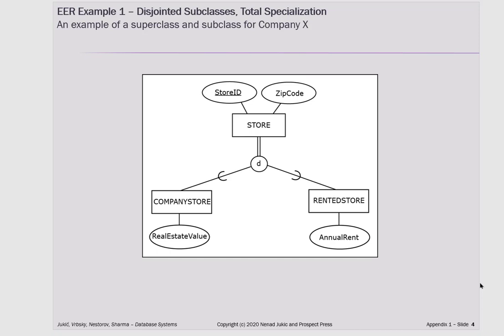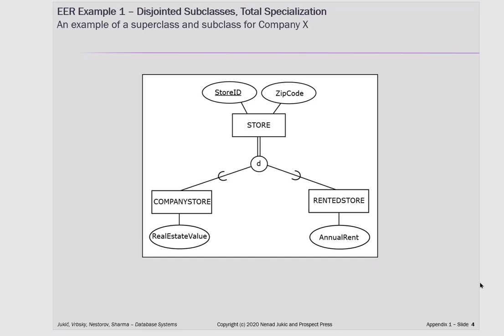So when we have a superclass subclass entity, this is a situation where we have a set of attributes that are shared by all instances of an entity, but certain groups of an entity have additional attributes that are applicable only to these subgroups. So for example, here you have a company store, right?